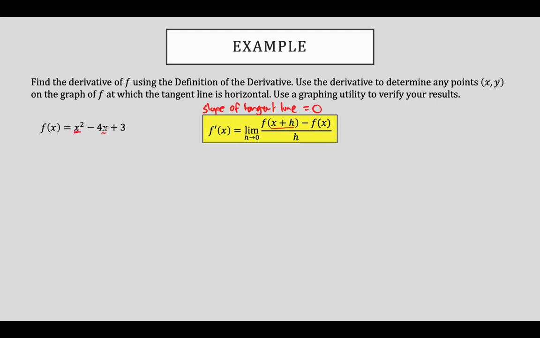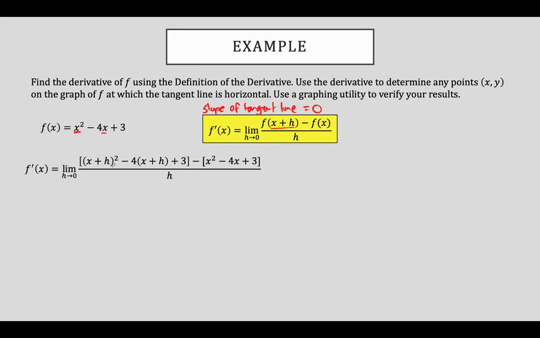That gives me the limit as h approaches 0 of x plus h quantity squared minus 4 times the quantity x plus h plus 3, that's f of x plus h right there, minus f of x, the original function, all divided by h.